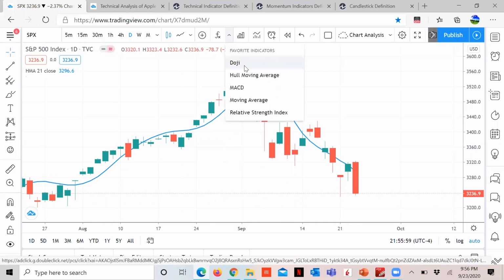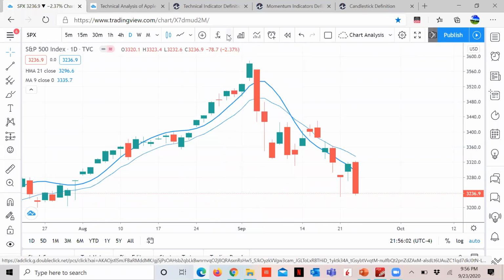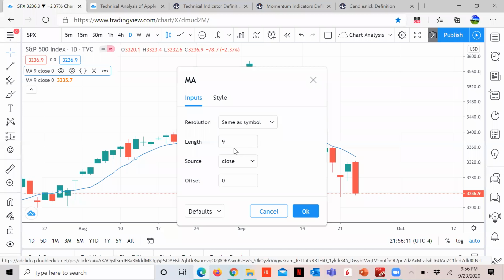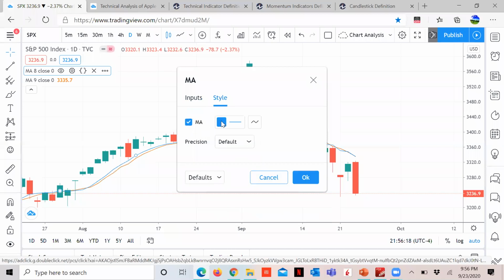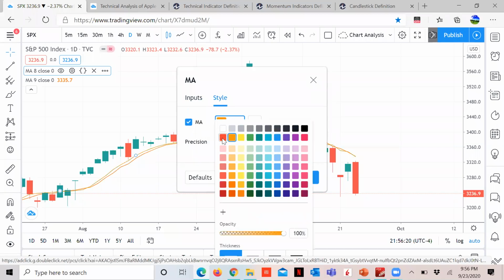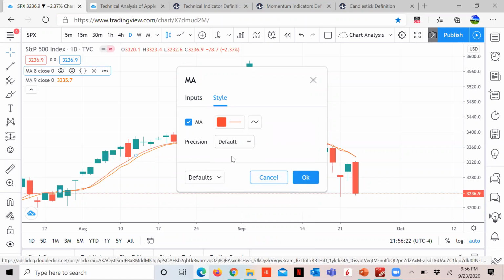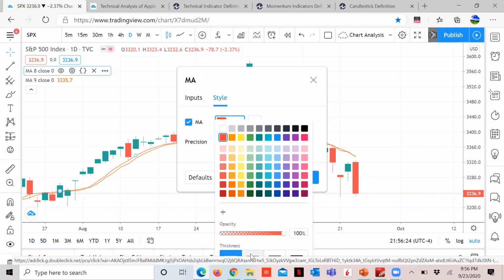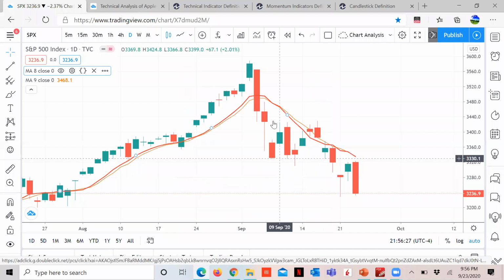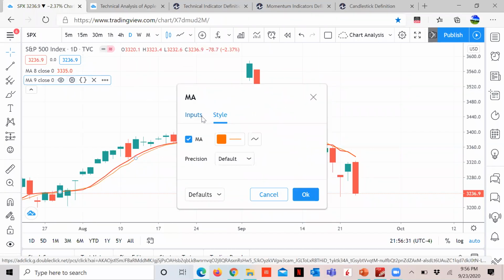We went a bit tangent. Actually, I wanted to just show the moving averages, two moving averages. So I'm putting this moving average for a duration of 8, making it red and thick. The other one is a 21 day.